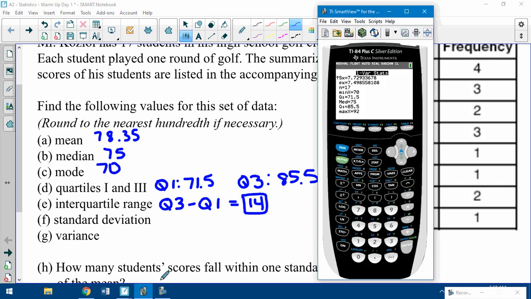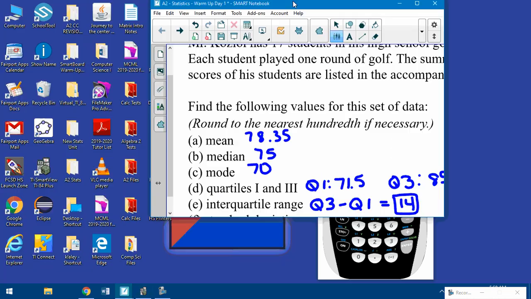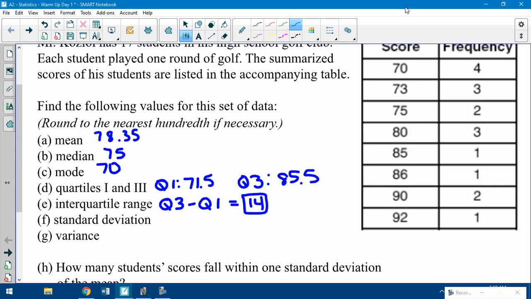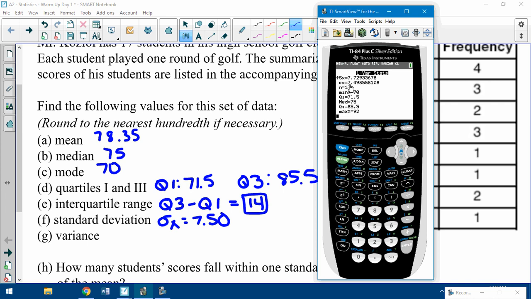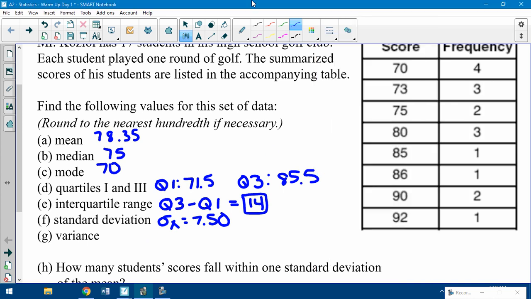Standard deviation is on here. That's that lowercase sigma, sigma x, 7.50. And the variance, again, that's not on here, but that's standard deviation squared. And when you find that, you shouldn't round it, but it's hard for me on the computer to copy that all down and look at it at the same time. So 7.498558.